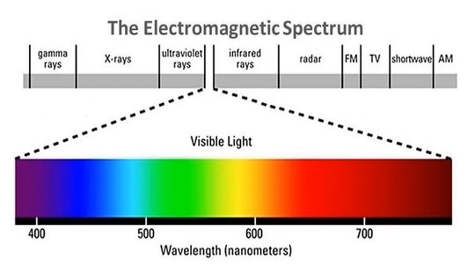Students, this is the electromagnetic spectrum. Different waves are there on the basis of different wavelength. If we arrange them in ascending order, then the sequence starts with gamma rays, X-rays, ultraviolet rays, visible light, infrared rays, radar, FM, TV, shortwave, and AM.